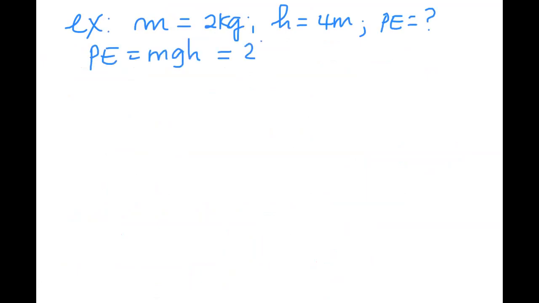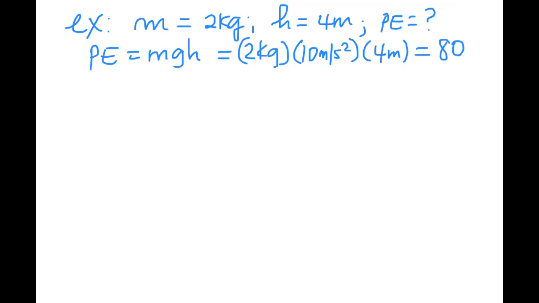That will be 2 kilograms times 10 meters per second squared, times the height of 4 meters. That will give you 2 times 10, 20 times 4, 80, and the units of energy and the units of work are the same. So we put J here. So that's 80 joules.